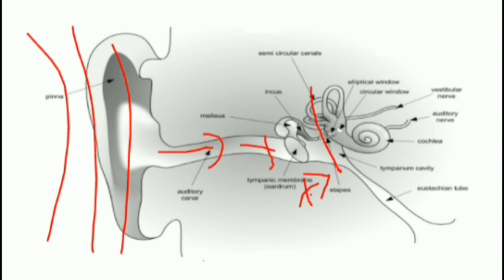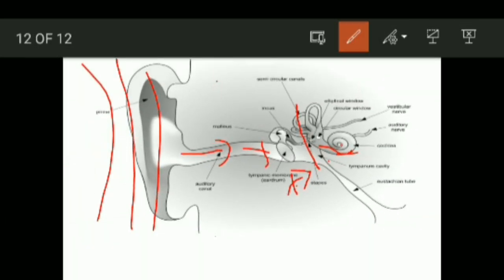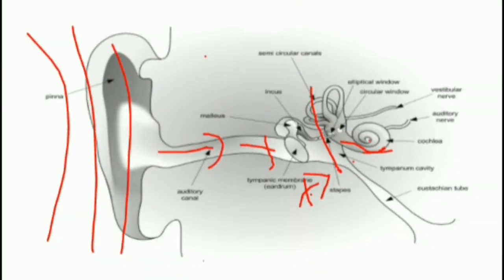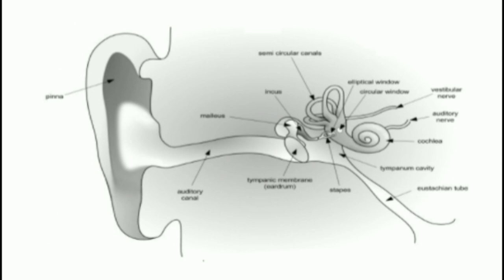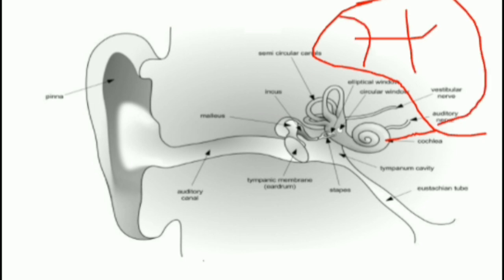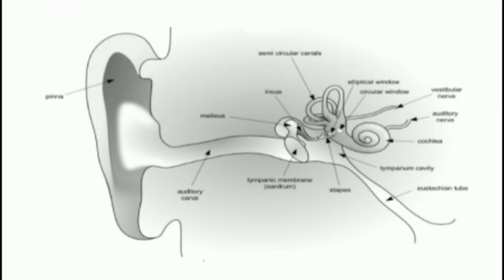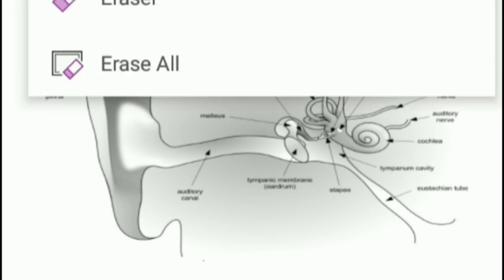See, it enters, and then here in the cochlea, it converts the sound waves into electrical impulses with the help of hair cells present in the median canal, and after that it gets transported through the auditory nerve to the brain, and then it sends the message that we can hear now.